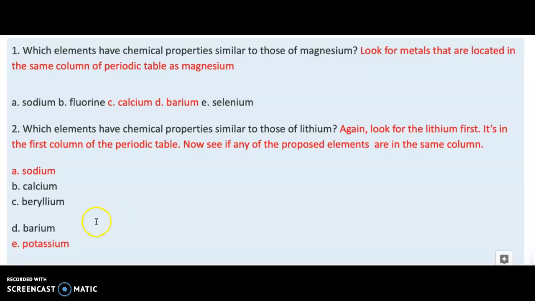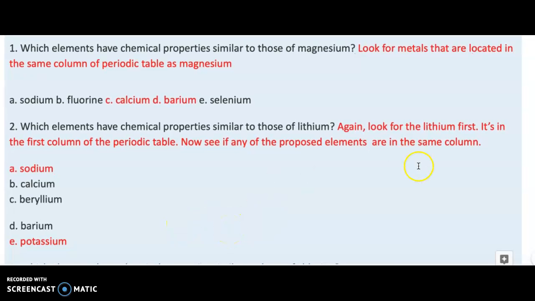Okay, next question. Which elements have chemical properties similar to those of magnesium? This is something you have to look up and kind of memorize with the periodic table. You need to do more examples of this in order to understand how everything works.